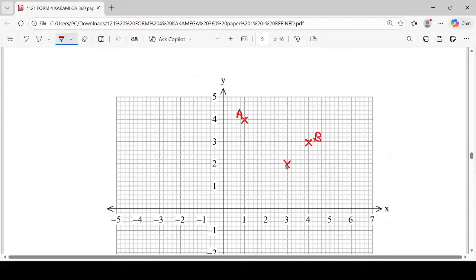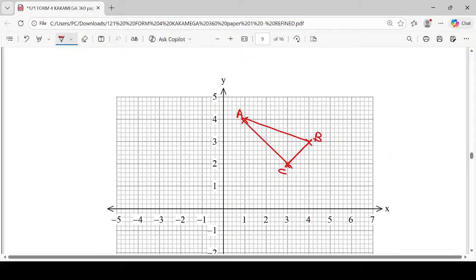That's our C. So it's a triangle we have to complete using a ruler. So we join A to B, B to C, C back to A. You can see what we've drawn is a triangle.